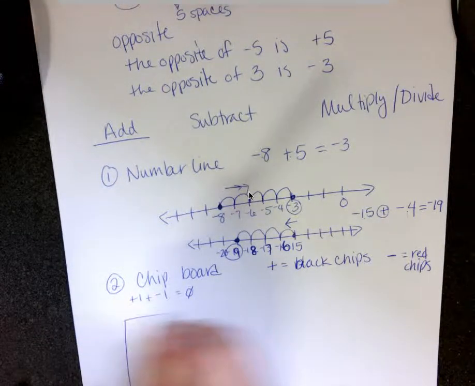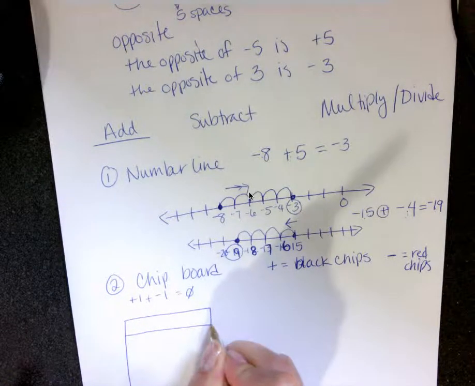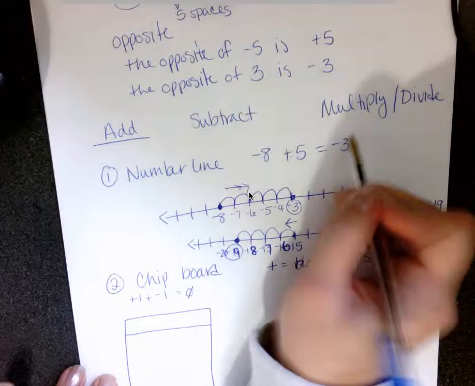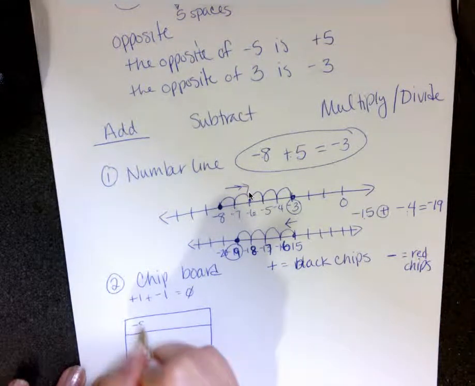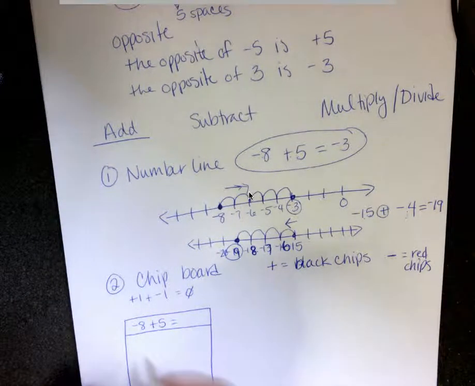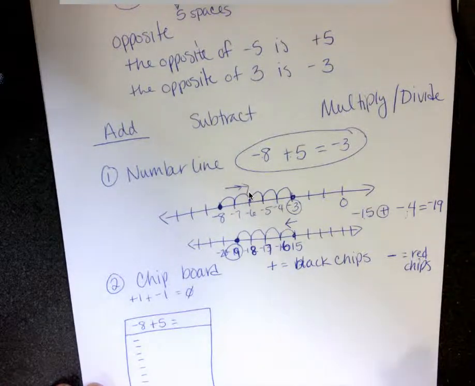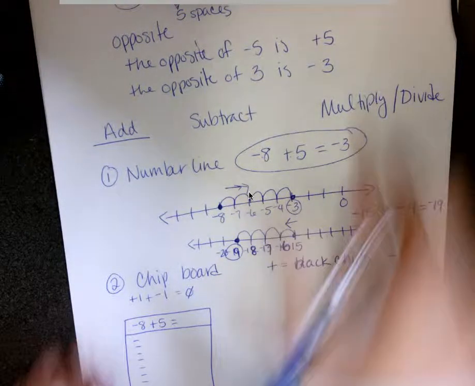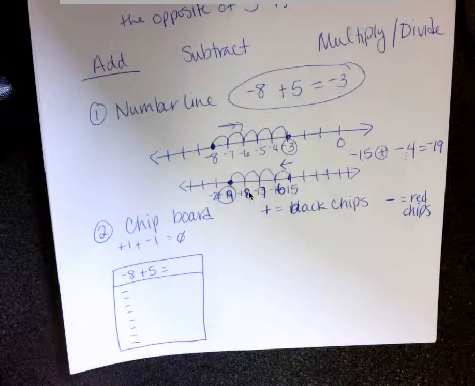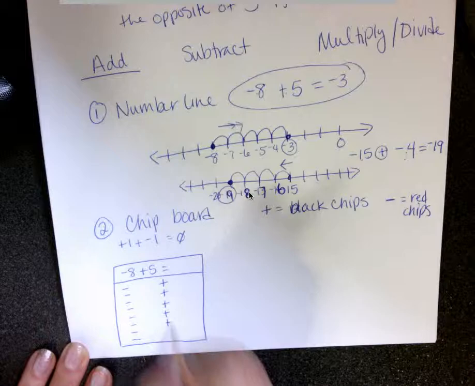So if I want to draw this chipboard right here, I would do this in your notes when you have problems. And I'm going to write this same problem that we used up here, okay? Negative 8 plus 5. What does that equal? Well, I have 8 negative chips. 1, 2, 3, 4, 5, 6, 7, 8 negative chips. And then I have 5 positive chips. 1, 2, 3, 4, 5.